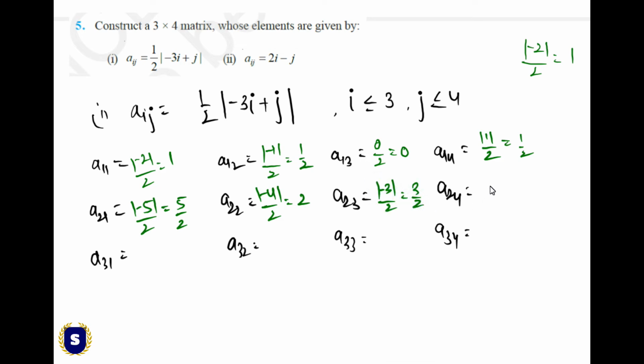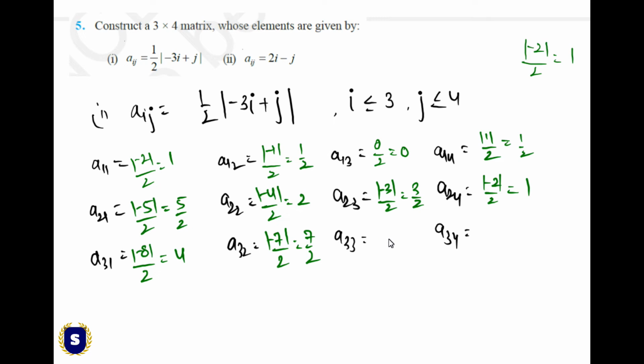Then for 2 4 we have minus 2, modulus upon 2, that is 1. Okay, for 3 1 we have minus 8 upon 2, that is 4. That's minus 7 modulus upon 2, 7 upon 2.